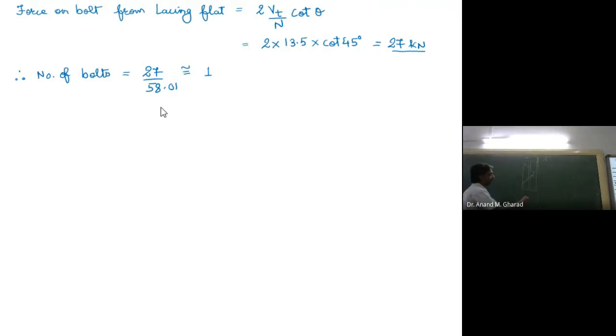I hope such will be the situation and such will be the case. तो इसका vertical component, horizontal component, like this.